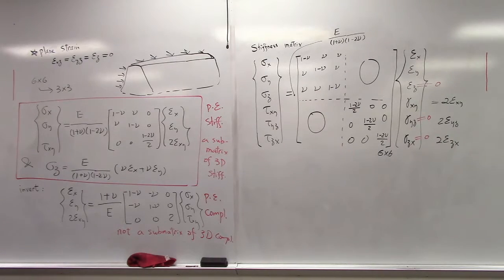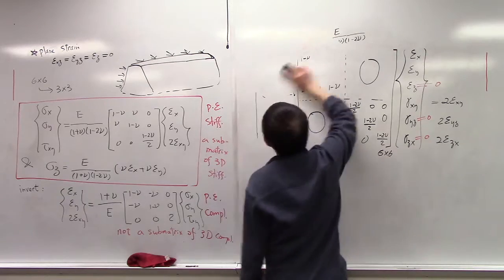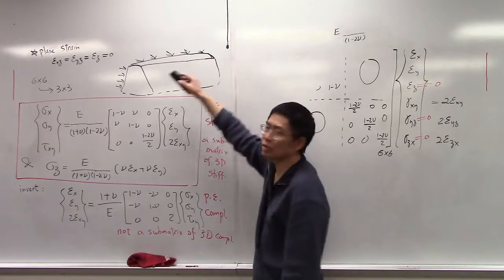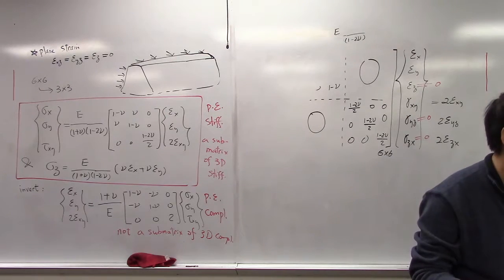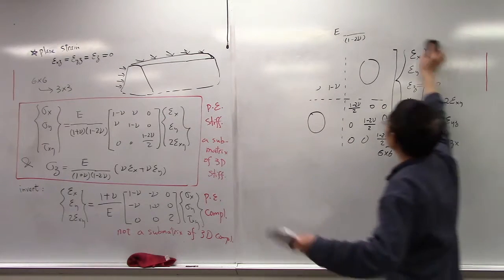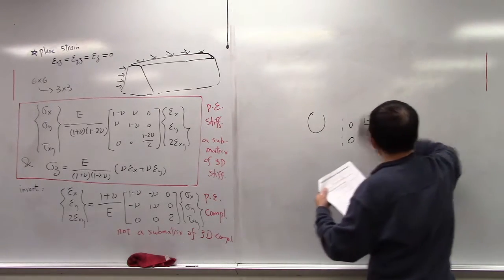All right. Now, as a comparison, let's do another case. So plane strain is like a 2D strain case. Then we have the 2D stress case, which is called plane stress.